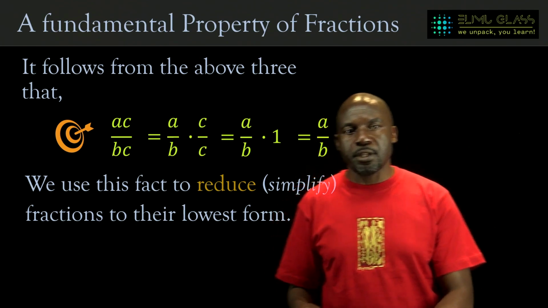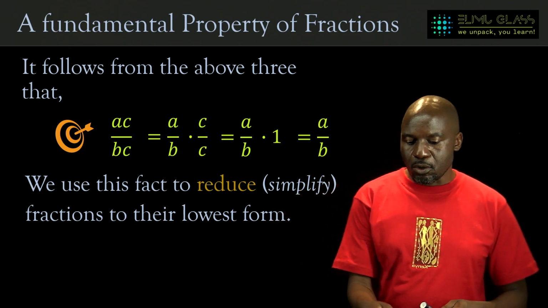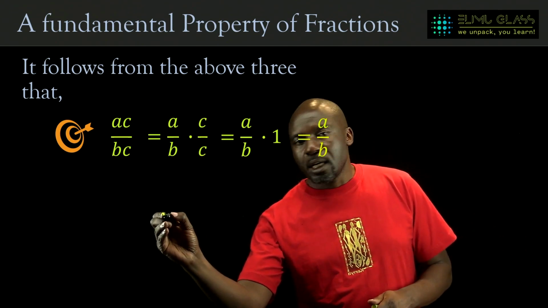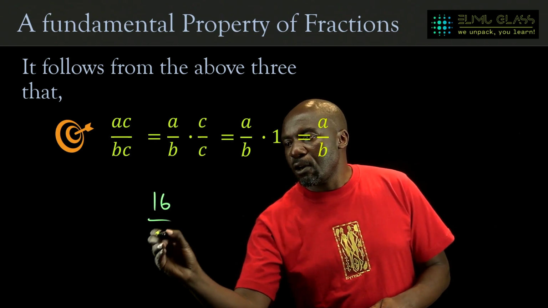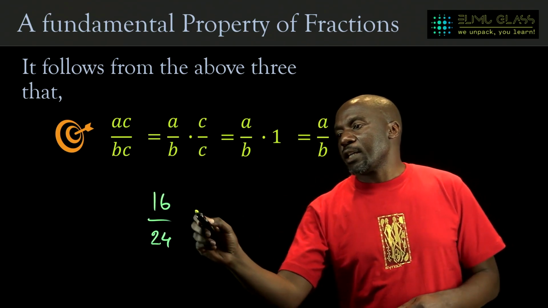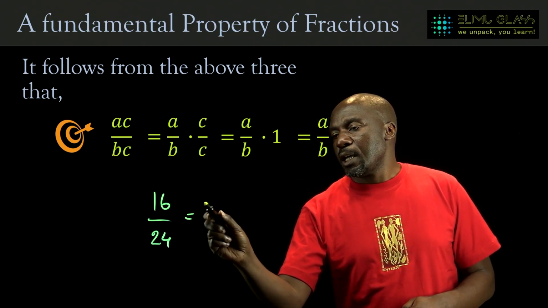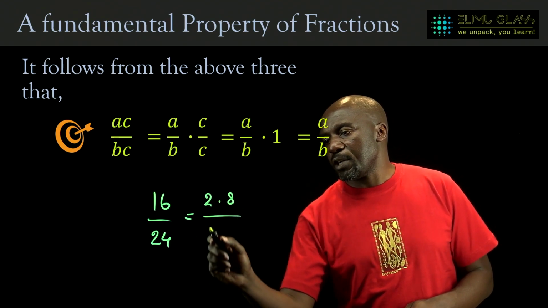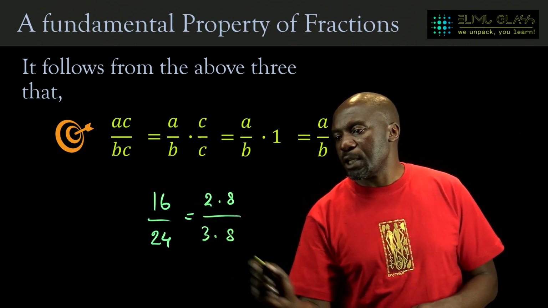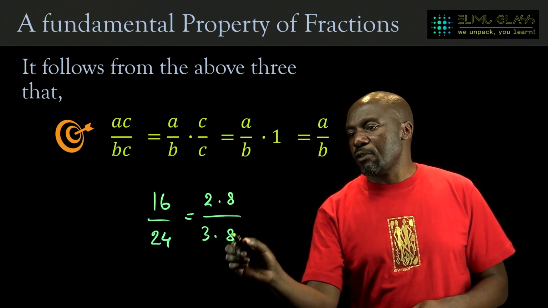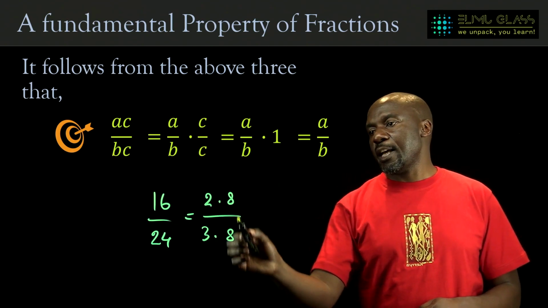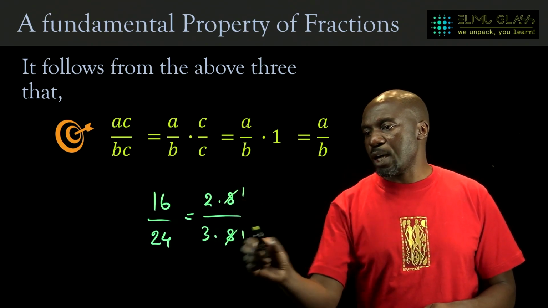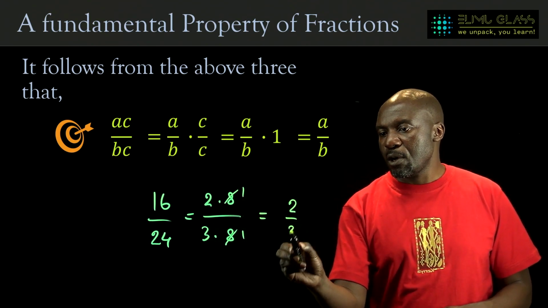For example, let me just do that again here, so that I remind you of what we've done. If we are given 16 on 24, I can express this as 2 times 8, and I can express 24 as 3 times 8, and now I have 8 over 8 just like c over c there, so this will cancel to give me 1 over 1, which is 1, and my answer is 2 over 3.